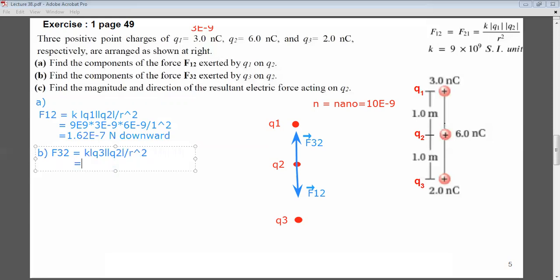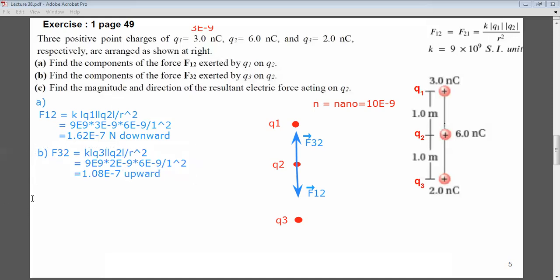This is equal to 9e9 times Q3, which is 2e-9, times Q2, which is 6e-9, divided by the distance between them, which is 1, squared, and this gives me the answer 1.08e-7 upward.